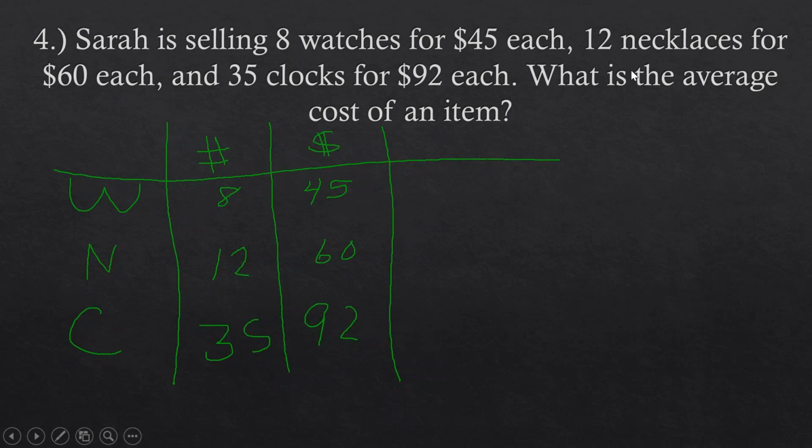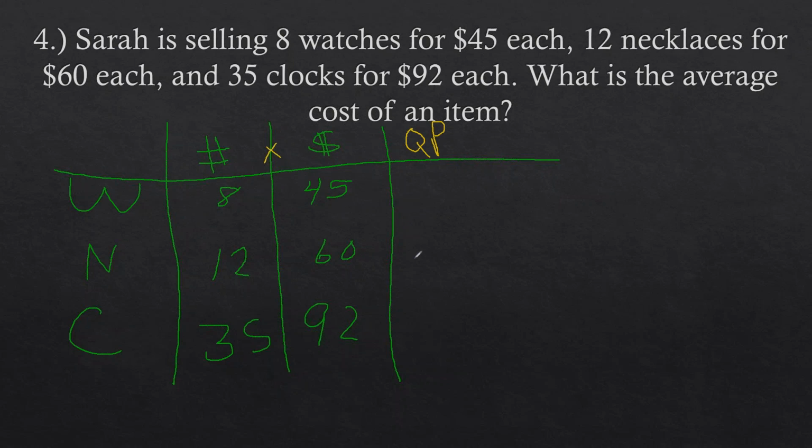Do either of you have any idea what our next step would be? You have to multiply the amount of watches, the amount of items, times their dollar amount. Yeah. And I call everything quality points because why not? What's the purpose of this? It's the absolute correct step, but why?